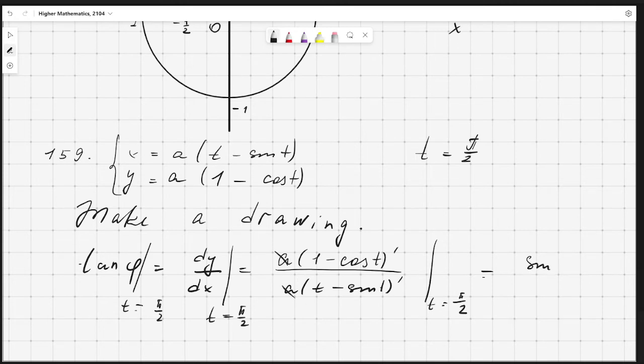That is sine of t over 1 minus cosine of t. If t is pi over 2, it equals just 1.